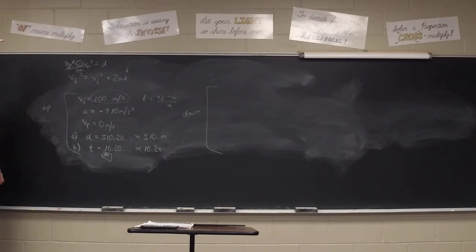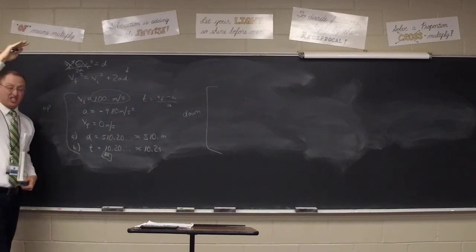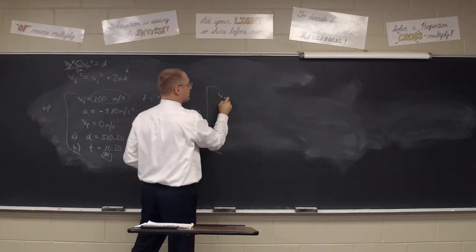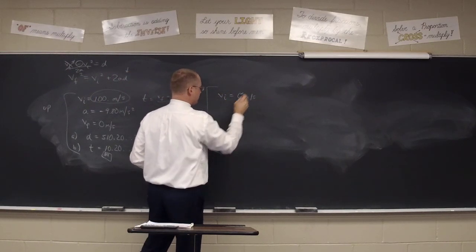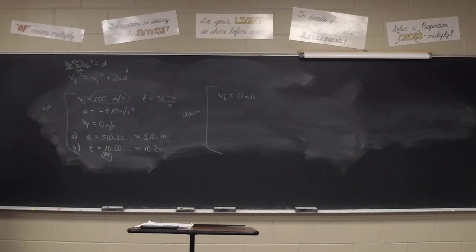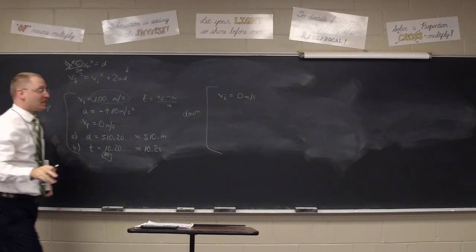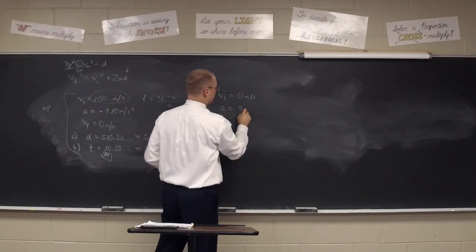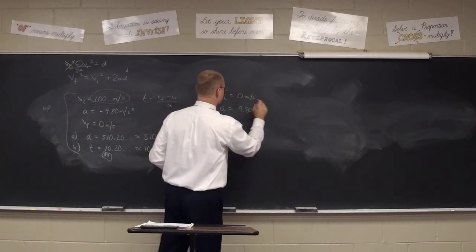How fast is it going at the start of the trip down? 0. It stopped, remember, just ever so briefly, but it stopped. So the initial velocity is 0. What is going to be the acceleration as it comes down? This time it's going to be a positive 9.80 meters per second squared.